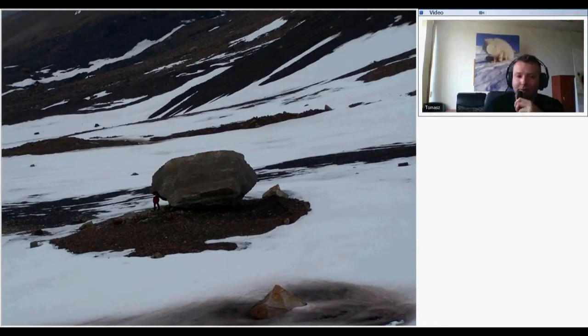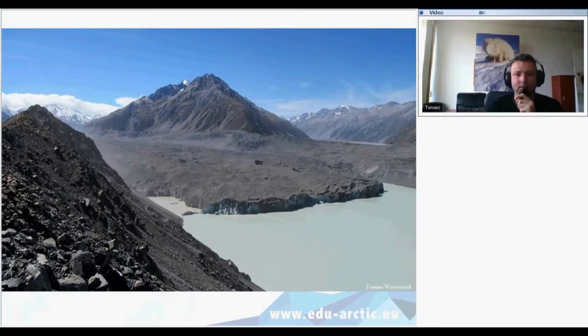And also on top of the glacier, there can be huge erratics, huge rocks that are transported with it. For scale, there's my colleague underneath this rock on top of the glacier. And the material can be a lot, as in the case of Tasman Glacier in New Zealand.